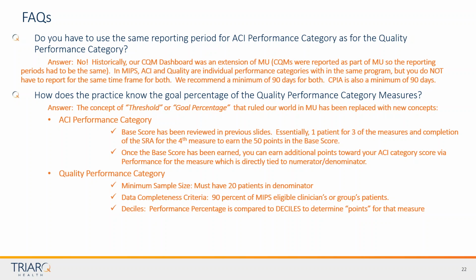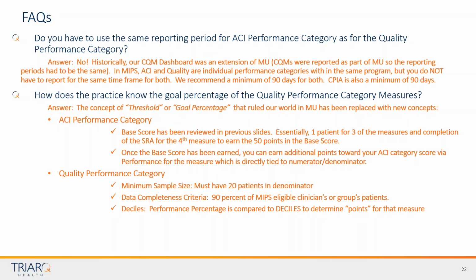All right. How does the practice know the goal percentage of the quality performance category measures? We touched on this briefly earlier, but the concept of threshold or goal percentage that just ruled our world in meaningful use has really been replaced with these new concepts. So in the ACI performance category, the one based on meaningful use, we've got our base score. We've really beaten this into the ground today.